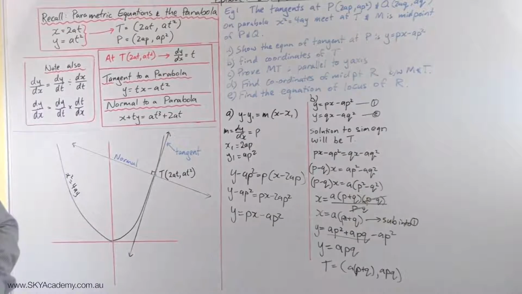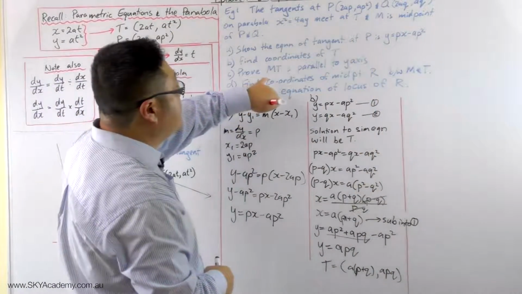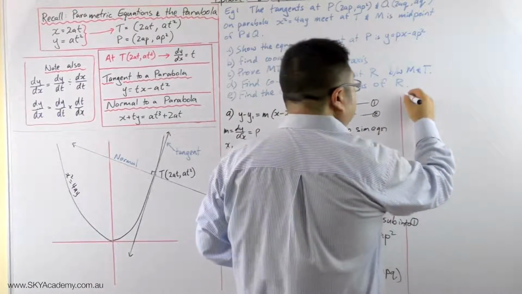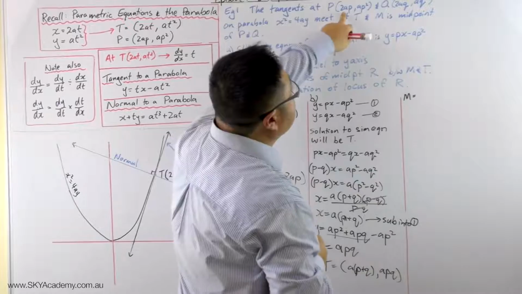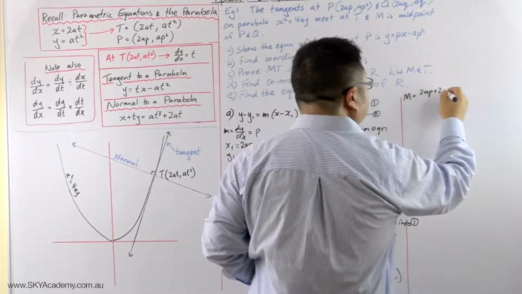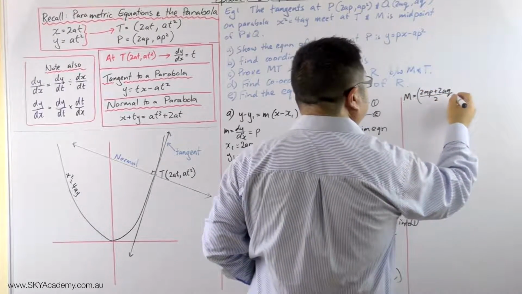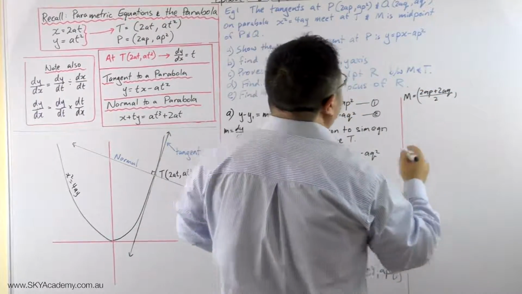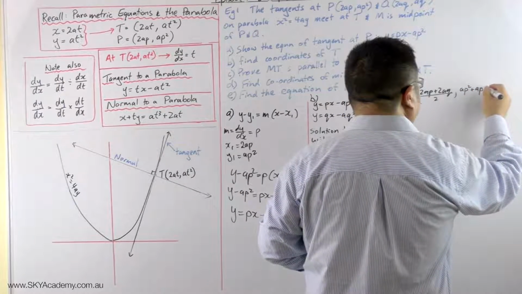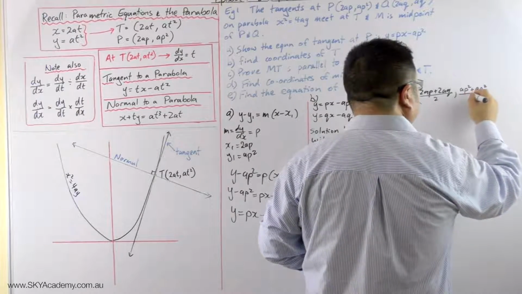So what we're going to do now, let me just rule this off. What we're going to do now is work out the coordinates of M. All right? So M is equal to that plus that over 2, 2ap plus 2aq over 2, and it's also equal to ap squared plus aq squared on 2.